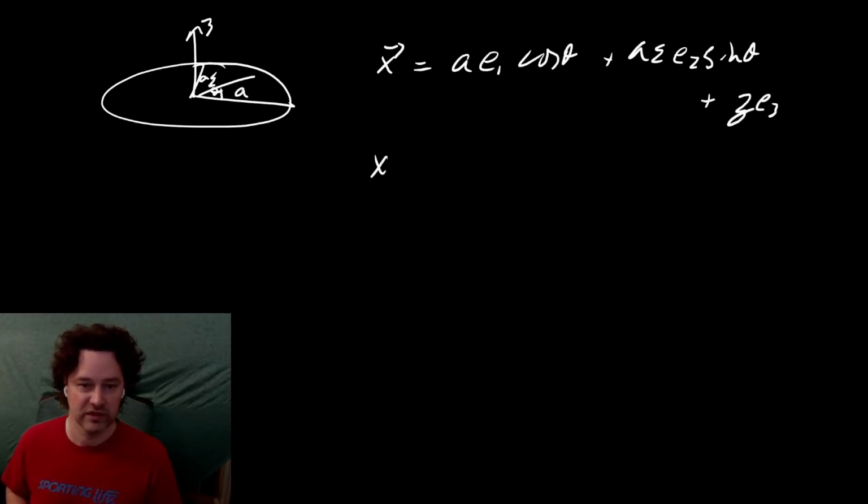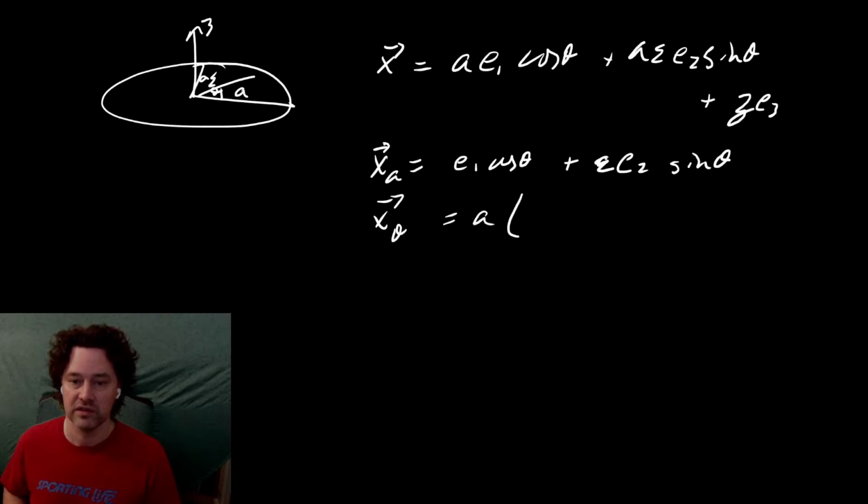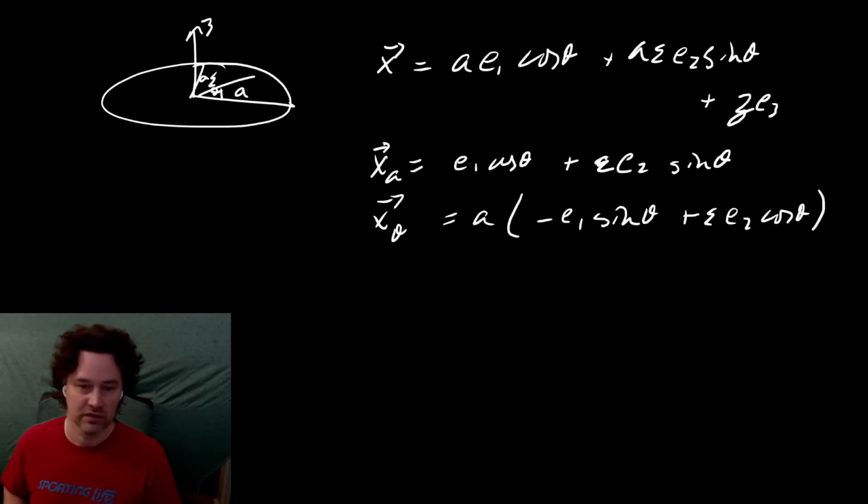So if we look at our x_a, it is just E1 cos theta plus epsilon E2 sine theta, and our x_theta is a times minus E1 sine theta plus epsilon E2 cos theta, and our x_z is just E3.